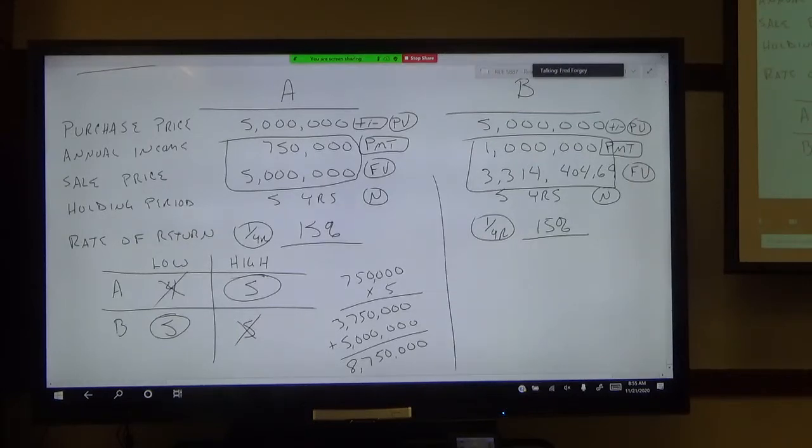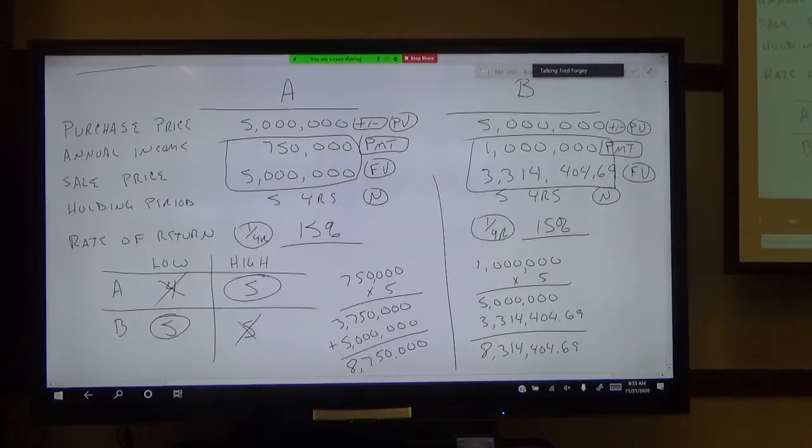Whereas over here, $1 million a year for 5 years would be $5 million of total income plus $3,314,404.69, which would be $8,314,404.69.